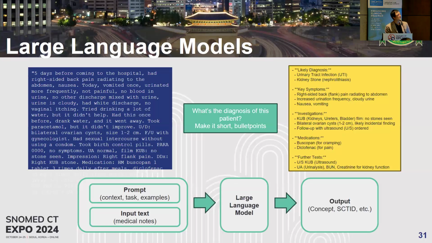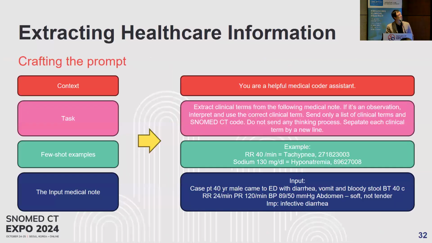So we tried. First, we developed the prompt, following current best practice. We have a context, the task of what we want it to do, then we provide examples, and then we put in the input medical notes. Let's see how it works.